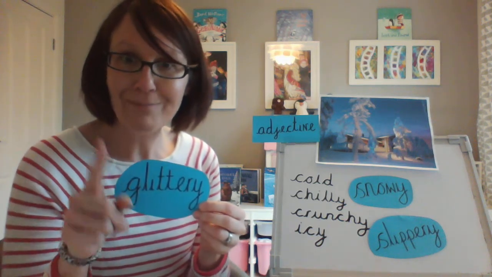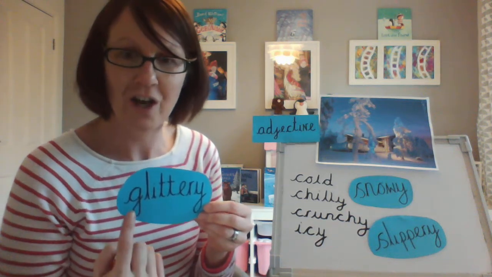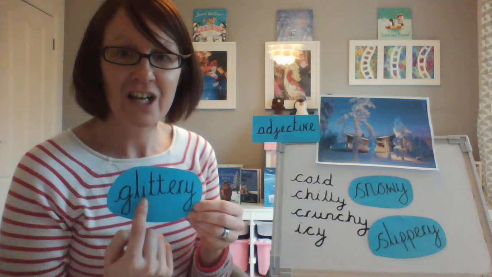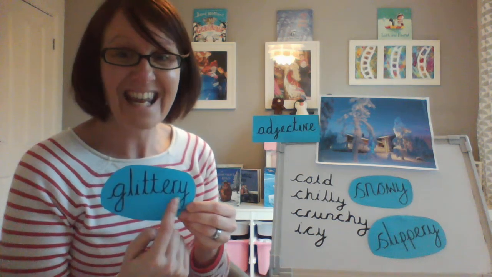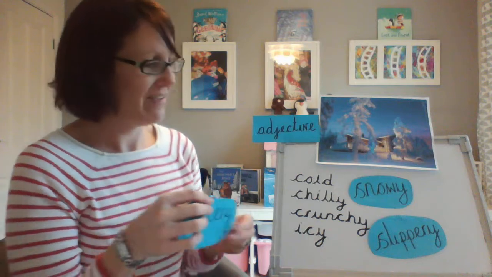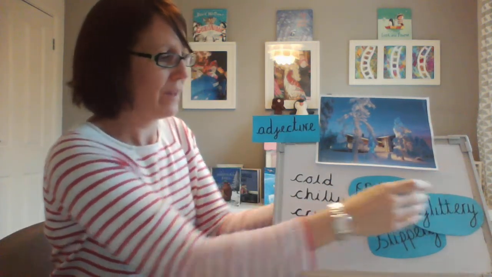Or sparkly. We could use that one as well, but we've got glittery here. Look, so it's there it is again. E, glittery. There we go. So that is a few adjectives, a few describing words that you could use for your winter picture.